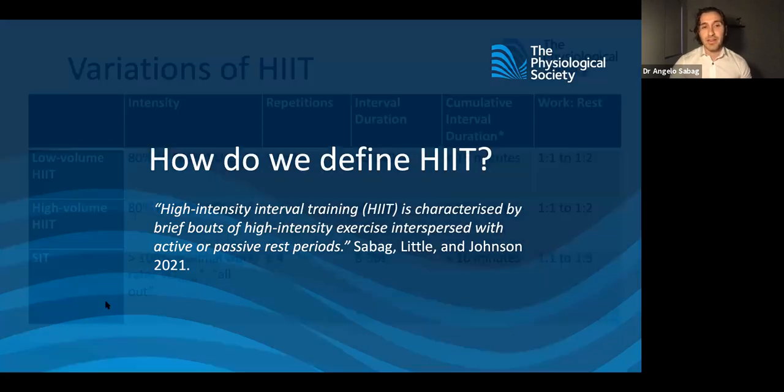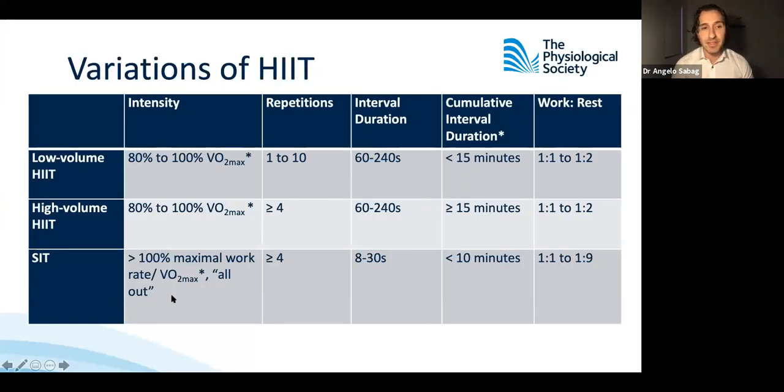So there are many variations of high intensity interval training. These include low and high volume variations. The difference between the low and high volume HIIT is basically just the cumulative interval durations, or rather the amount of time spent undertaking high intensity exercise.